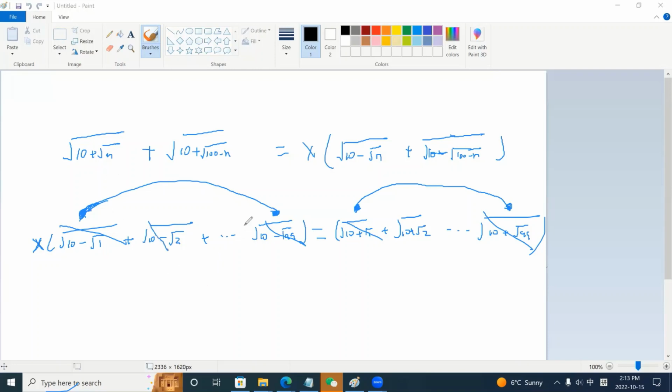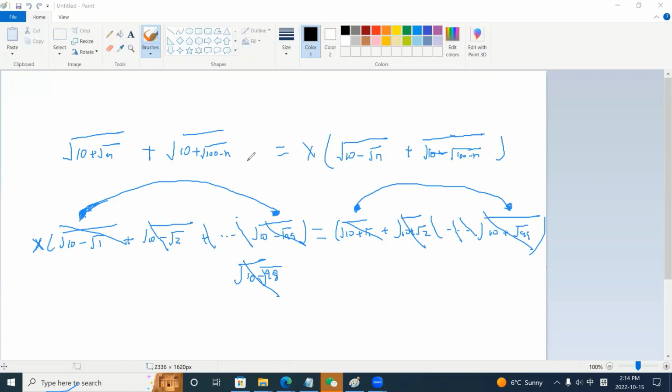Then the square root of 2 and the square root of 98 cancel out with this term and the term before the last term. For the square root of 3 and the square root of 97, they cancel out with the square root of 3 and the square root of 97 here. So almost everything will cancel out if this is true, which I will prove later. This will be the last part of the video. For now, let's just assume that this is true.